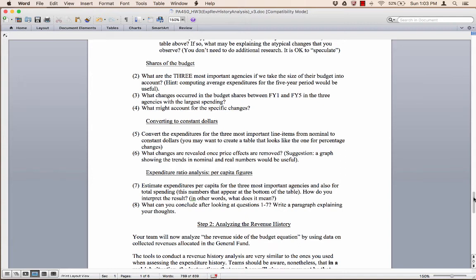So when you reach question 8 in this analysis, I want you to reflect on the numbers and the things that you obtain and the things that you observe in the last 7 questions. And write a paragraph explaining your thoughts. Because once you reach this point, number 8 will be something that could be used to prepare your budget memorandum. The part of the budget memorandum dealing with the expenditure side of the budget equation.